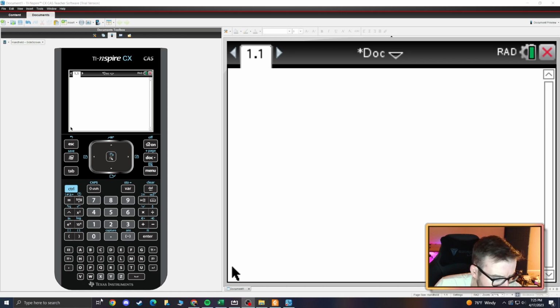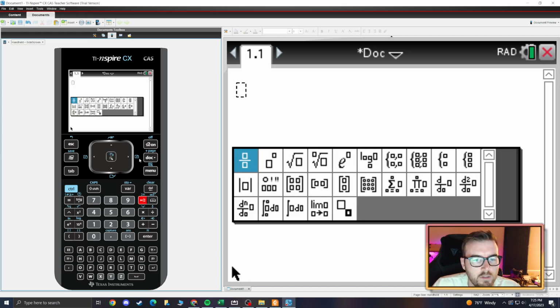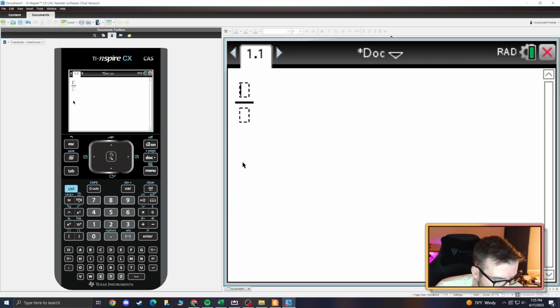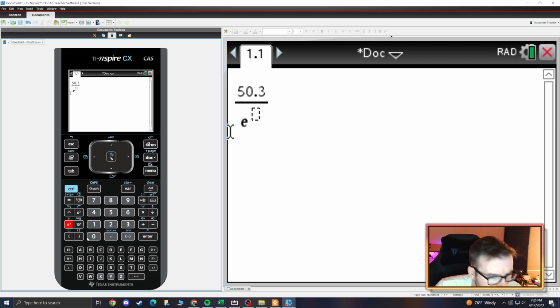Yeah, I'm just quickly using the model from part C. I'm just reading part D. So yeah, this is worth saving. So let's go ahead and pull up a fraction, and we're doing 50.3 over e raised to the 0.2 h plus h.